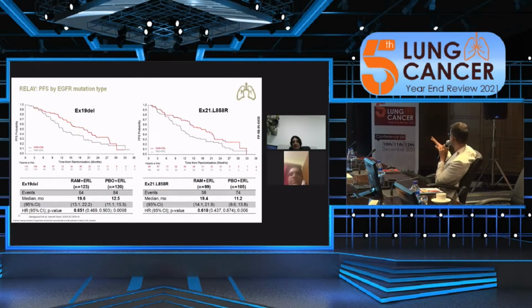But for all the other situations, like in exon 19 alone, we even know afatinib did a little better than gefitinib from the LUX trials. So there again, if someone has low volume disease, I'm pretty comfortable with just afatinib. But when it comes to L858R, either low volume or high volume disease, that's where I would probably go with a combination.